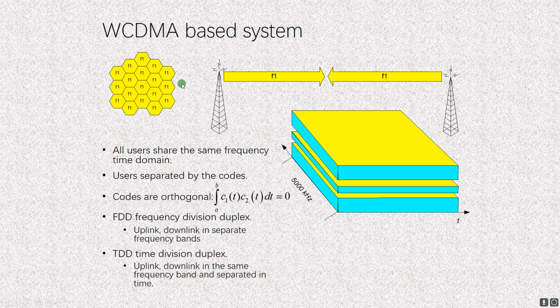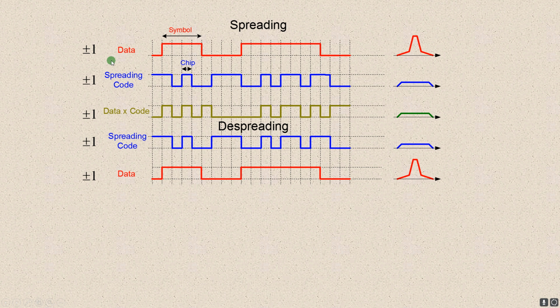Let's look at the WCDMA base system. This is the base station, and this is the data. This is binary data, -1 and 1, and then I use a spreading code.